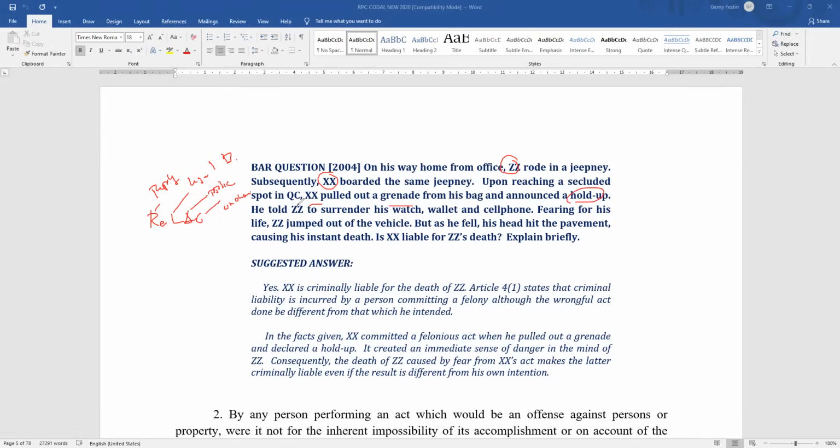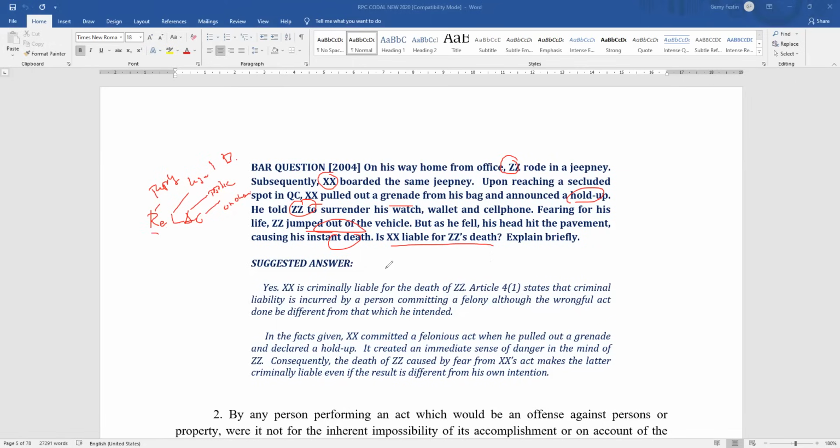So sabi niya kay Z, surrender mo yung wallet mo, cellphone, and your watch. So fearful for his life, he jumped out of the vehicle, and he died. Is XX liable for CC's death? I will teach you on how to present your answer.